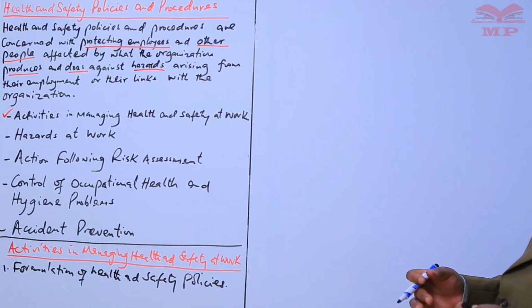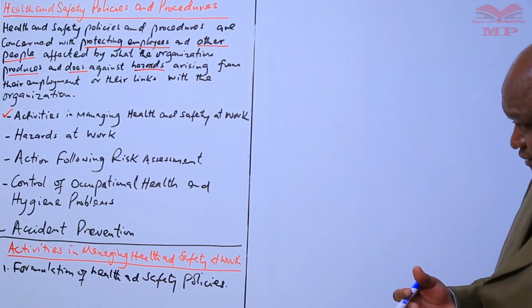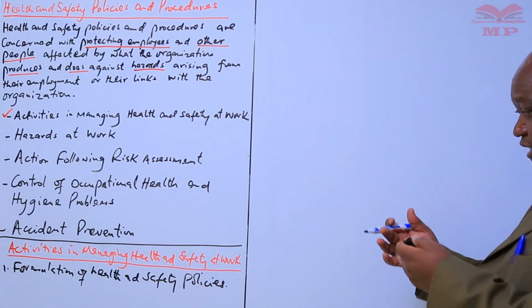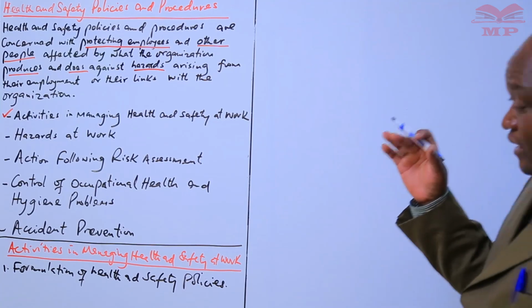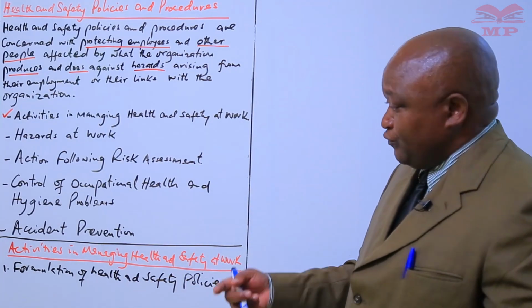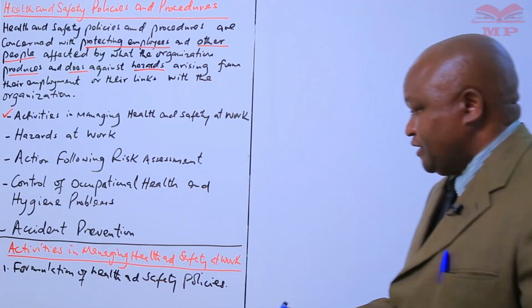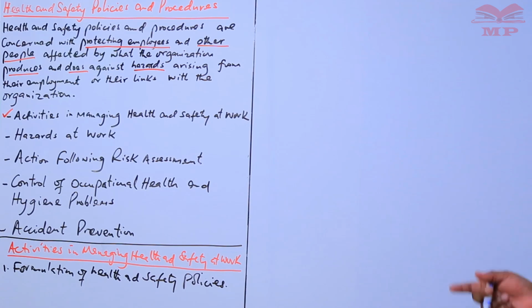And for these policies to be highly acceptable and transcended down the organization, an organization may have to involve employees. So as an employee, you may be involved. As a manager, you may also be involved in the formulation of health and safety policies.